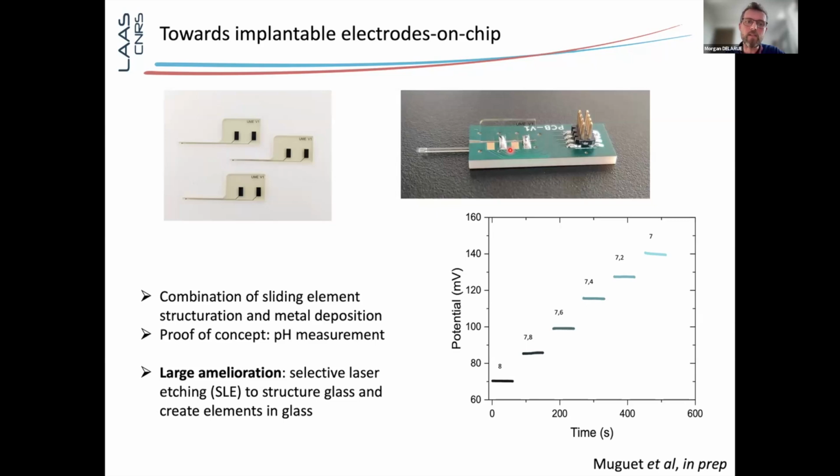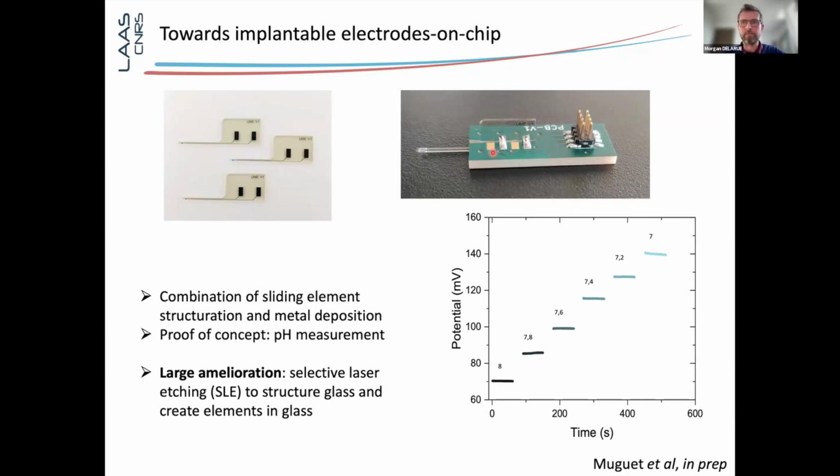It's a very interesting tech with a high resolution to structure glass, which you can then use to mold PDMS onto it, or also to create these sliding elements in a very effective and also cool material, glass, that is very easy to use and to pattern afterwards.